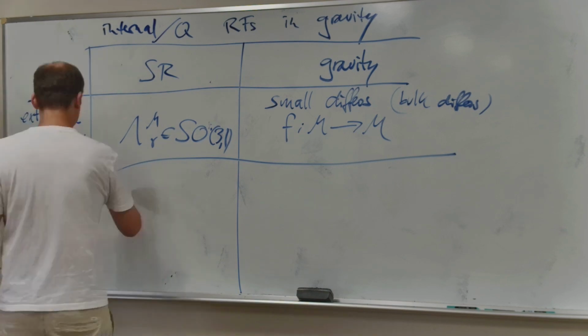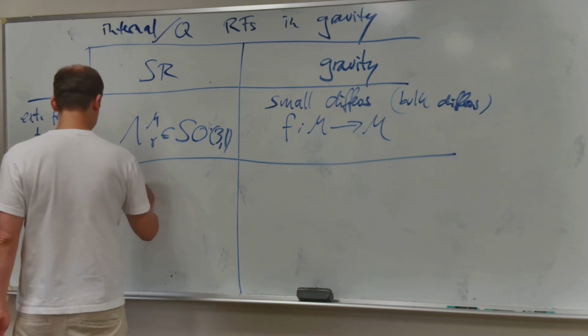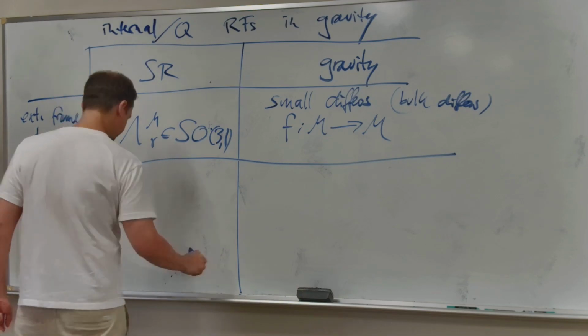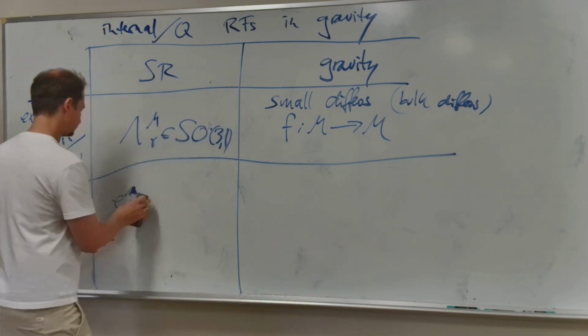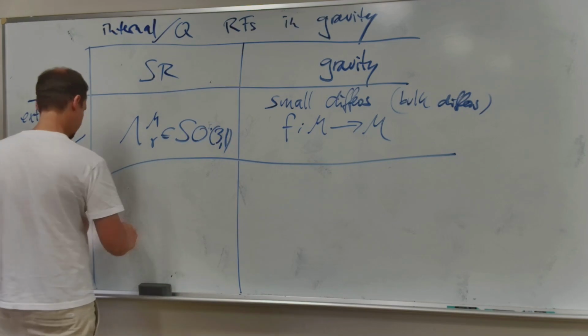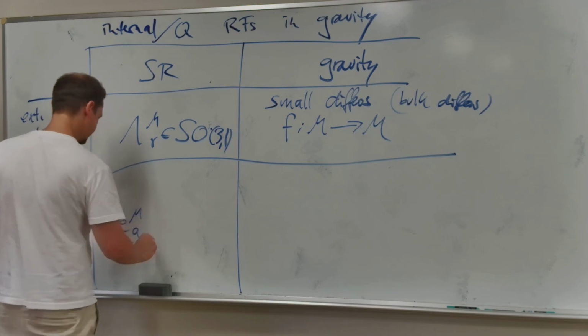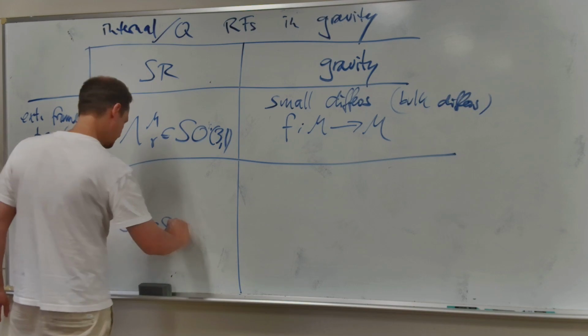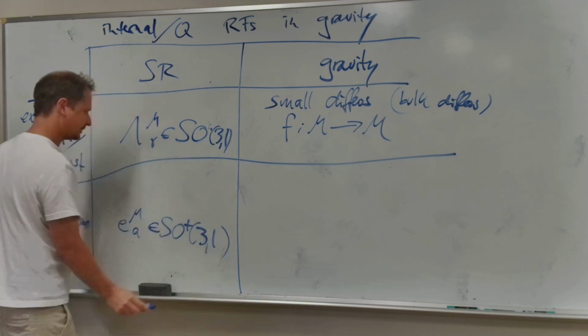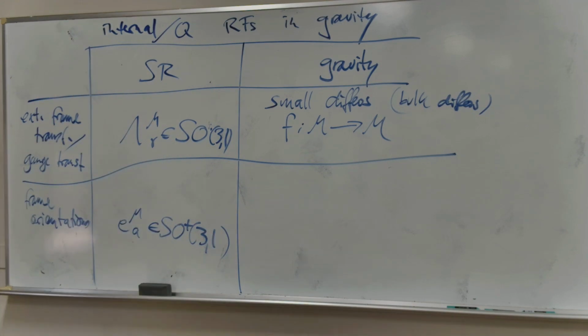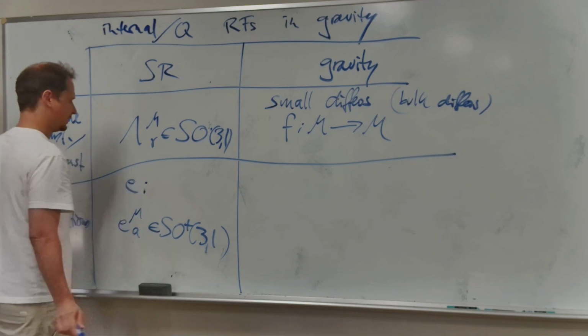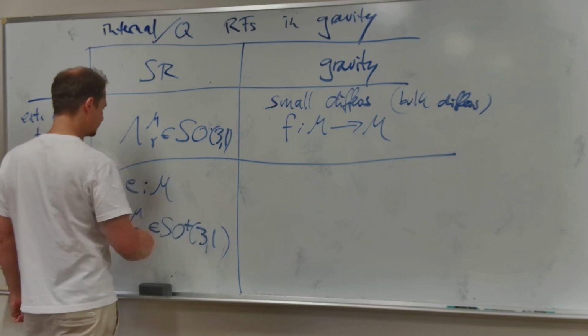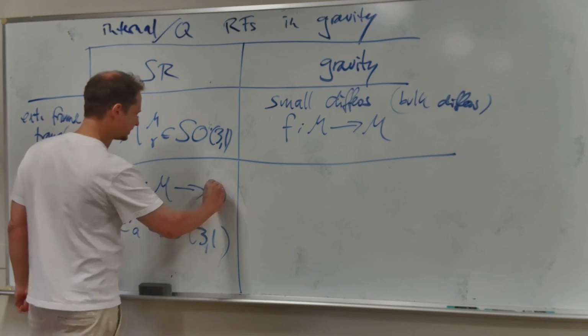And now I'm going to do a little bit more. So okay, we had chosen a particular orientation. So again, the tetrad is Lorentz group valued, but now let's note one more thing, that these tetrads, you can view them as maps from your space-time, Minkowski space, to some other space.